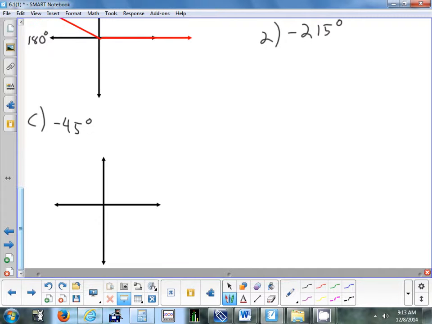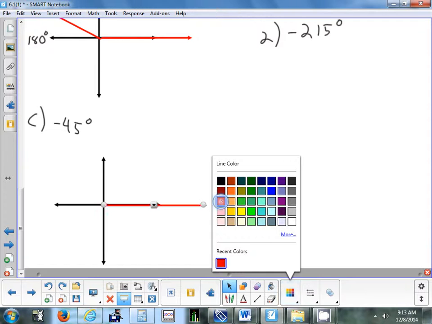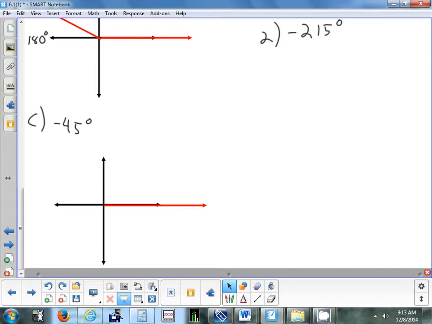Okay, and let's try a negative. Okay, where's my terminal side going to be this time? Which quadrant? Oh, Michael? Quadrant 4. Yeah, it's going to be in quadrant 4.